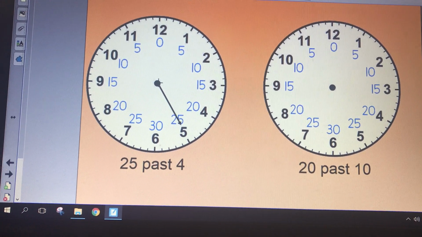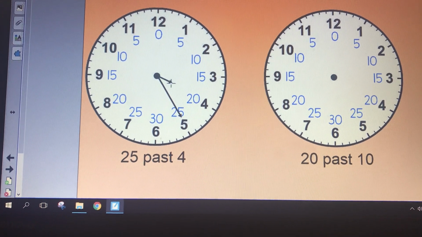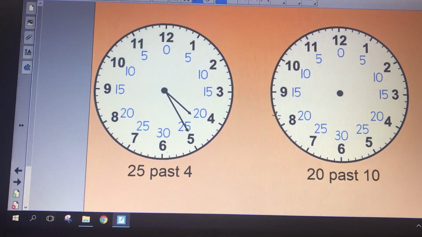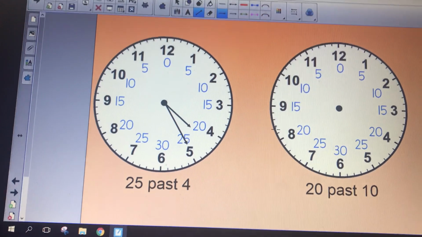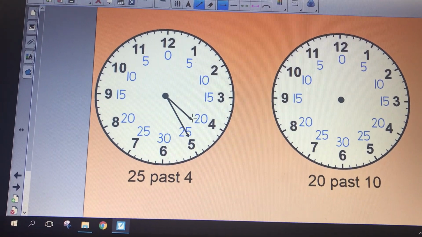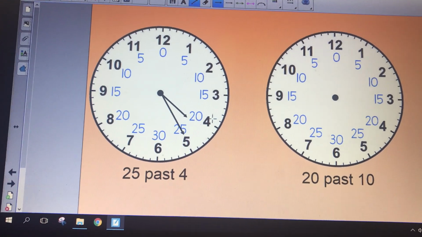So my hour hand, which is going to be shorter, I would draw in between the 4 and the 5 to show that we are past the hour 4 o'clock. We are working our way round towards 5 o'clock. So I'm going to put the hour hand almost halfway between the 4 and the 5. Remember, it must be shorter than your minute hand.